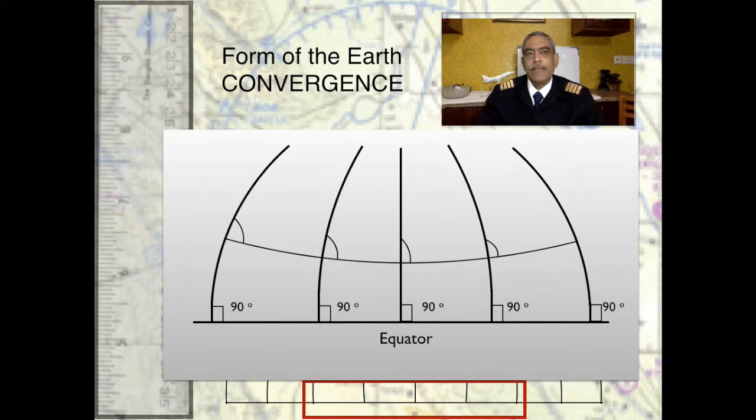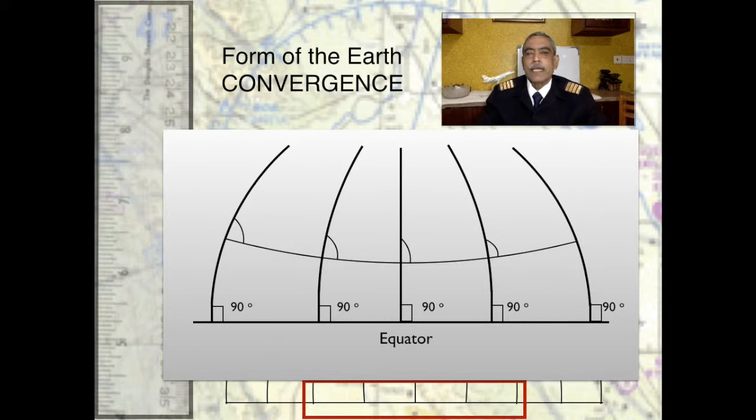Here I have magnified the area along the equator just to make the concept of convergence very clear. Theoretically speaking, at the equator where the longitudes cut, they should be cutting the equator at 90 degrees.